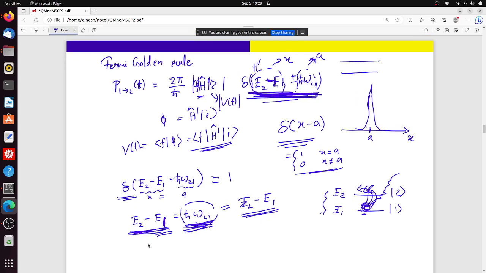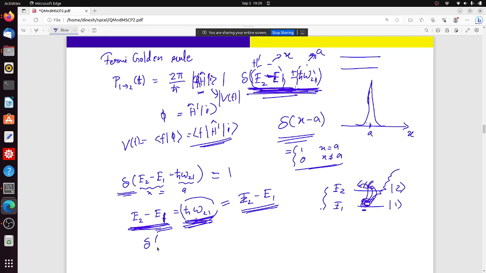This delta function means conservation of energy, actually. That means the energy of this perturbation should be exactly equal to the energy difference between the two states, right?